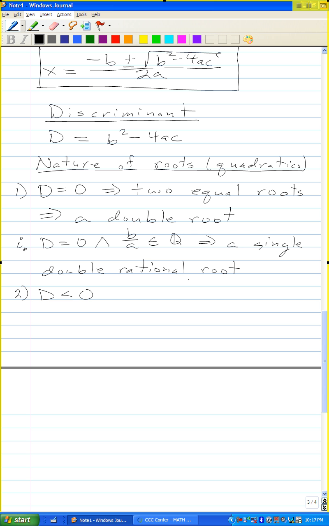Suppose that the discriminant is less than 0. Then you're adding and subtracting square roots of negative numbers. And so that says that you'll have two distinct complex roots.